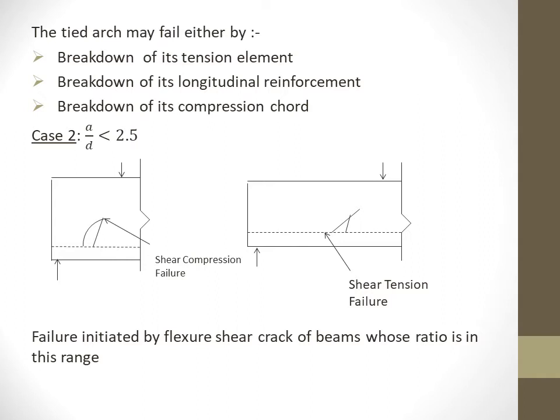Now we look into case 2, that is when the a by d ratio is less than 2.5.